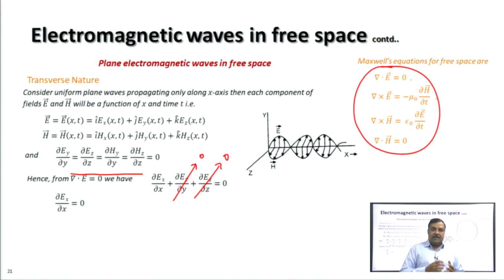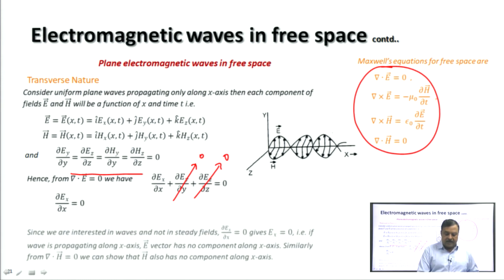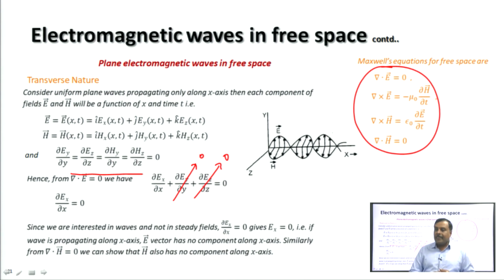Now, delta E x by delta x equal to 0 shows that E x is either constant or E x is equal to 0. If we say E x equals a constant, but we are discussing the propagation of waves, so we are not interested in constants. So here we get E x equal to 0.